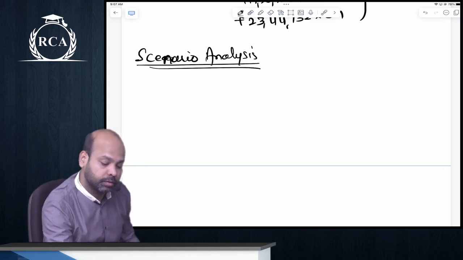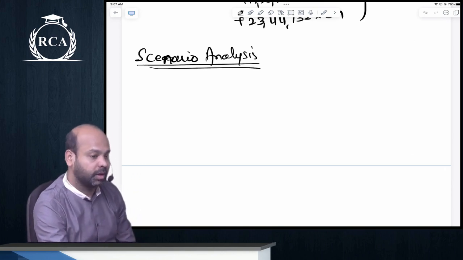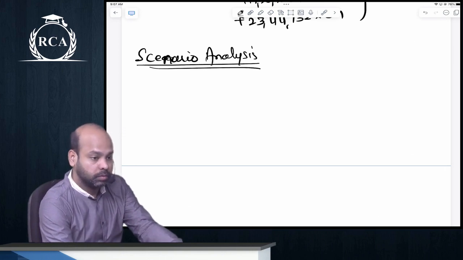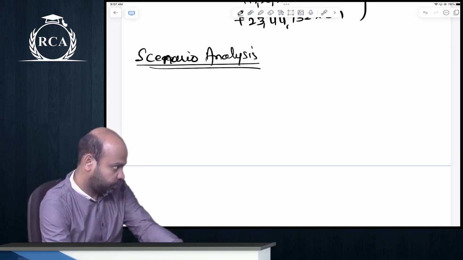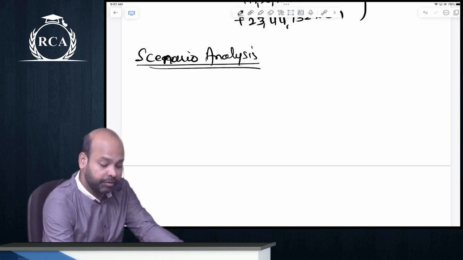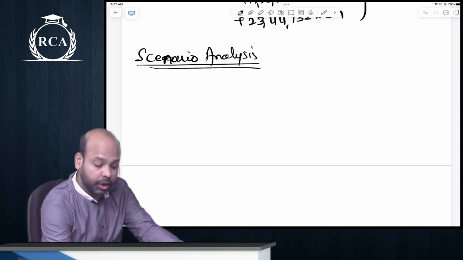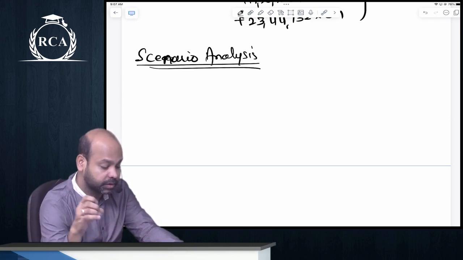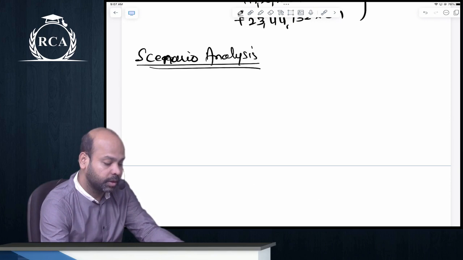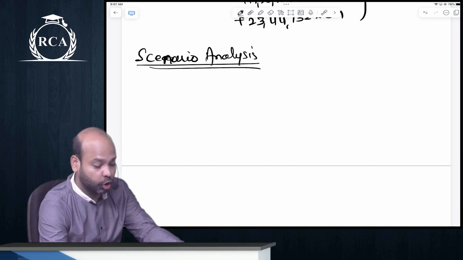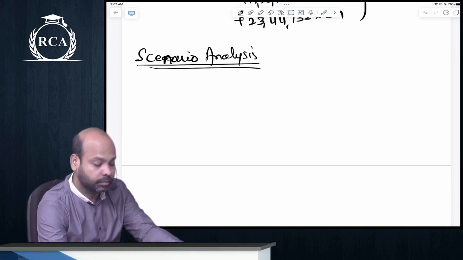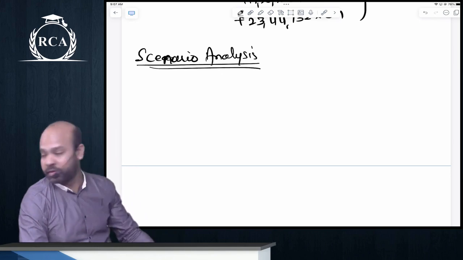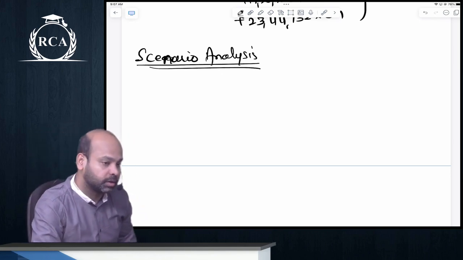Best case scenario, wherein we take all favorable changes, in brackets: high selling price, high sales volume, low variable cost.